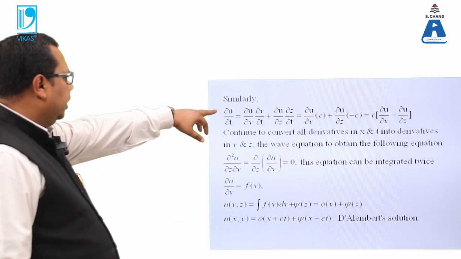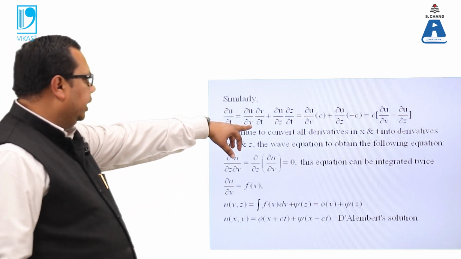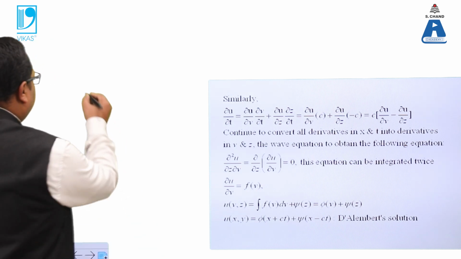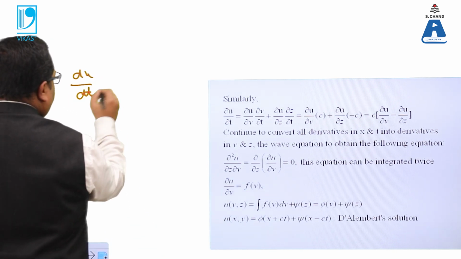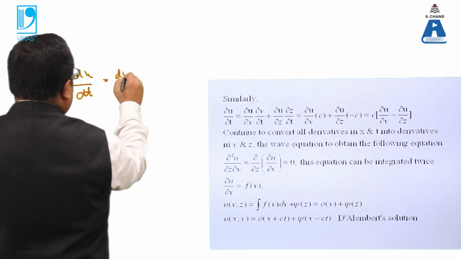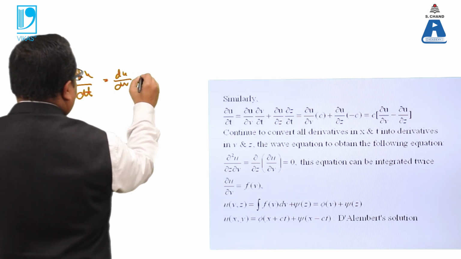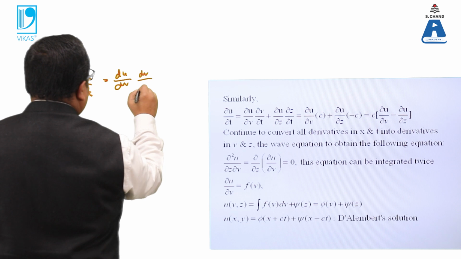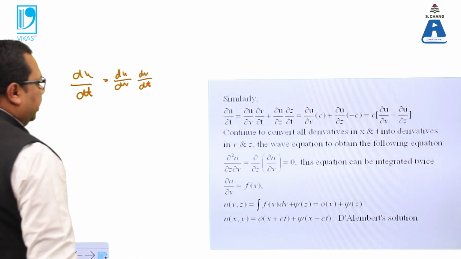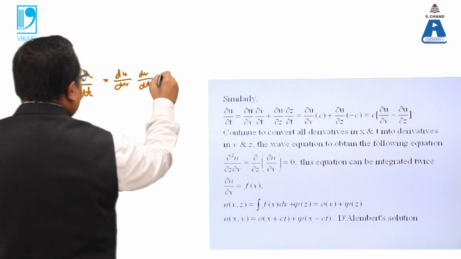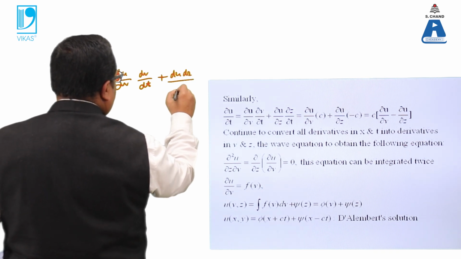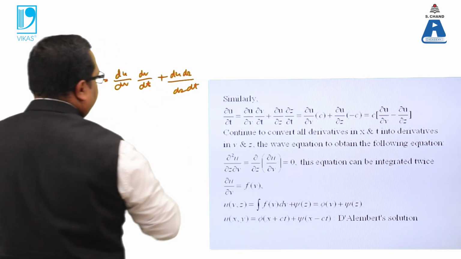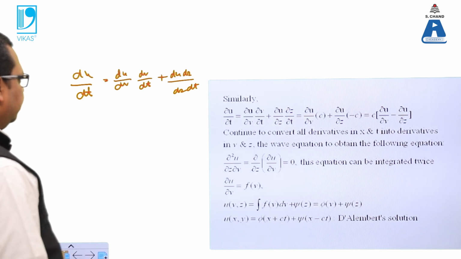So here we can see that du by dt is equal to du by dv into dv by dt, plus du by dz into dz by dt. This is the equation that we can use.